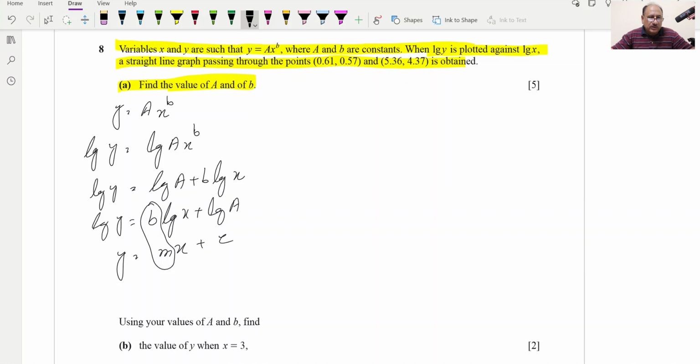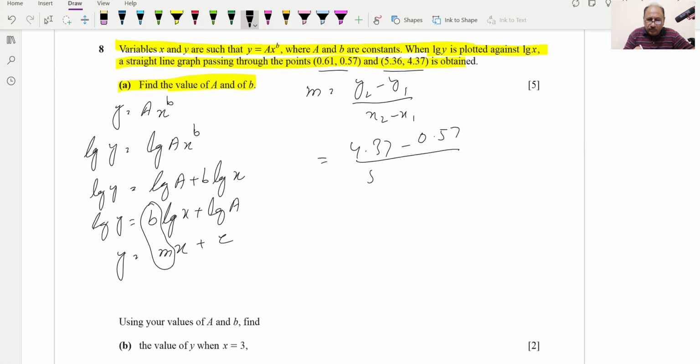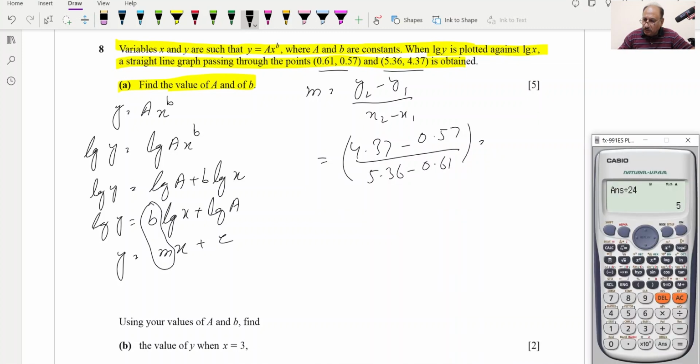We know this is the gradient, and now from these 2 points we can find the gradient, and gradient we know m is equal to y2 minus y1 over x2 minus x1. So we can write 4.37 minus y2 will be 0.57 divided by x2 will be 5.36 minus 0.61, and this one we can solve with the help of calculator.